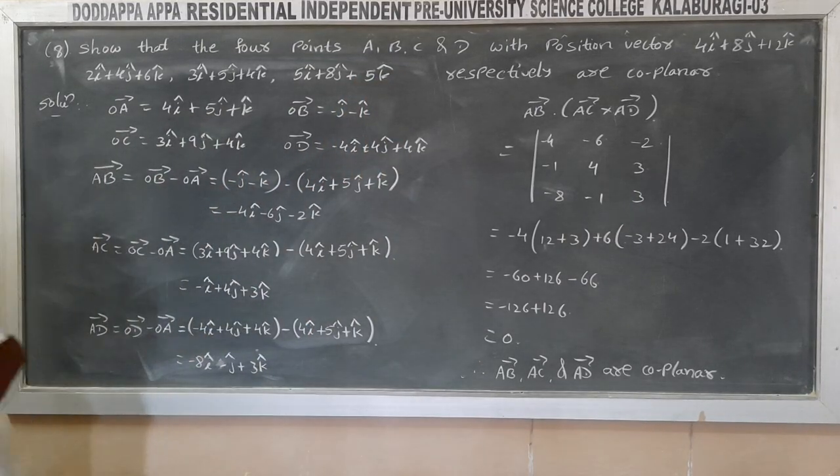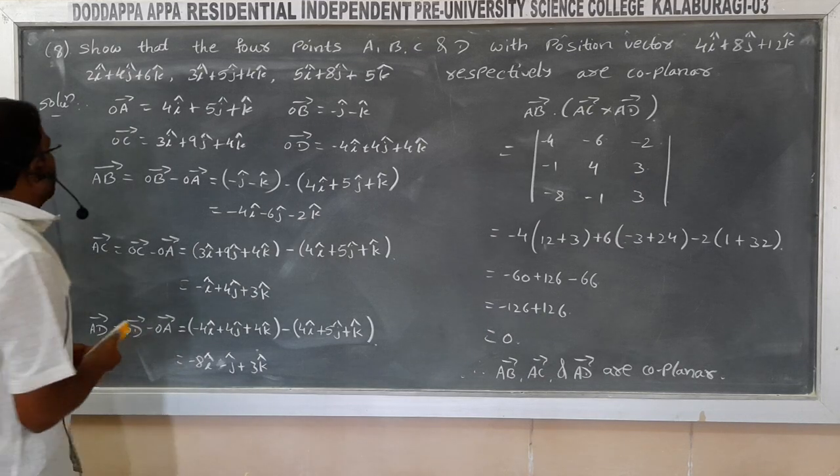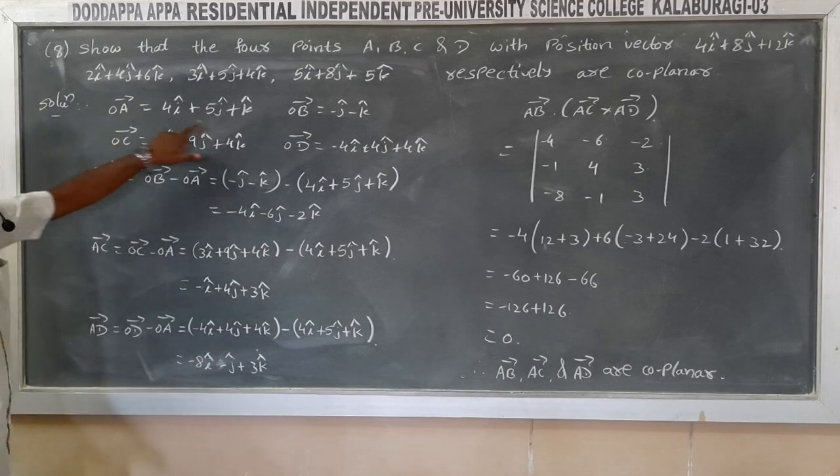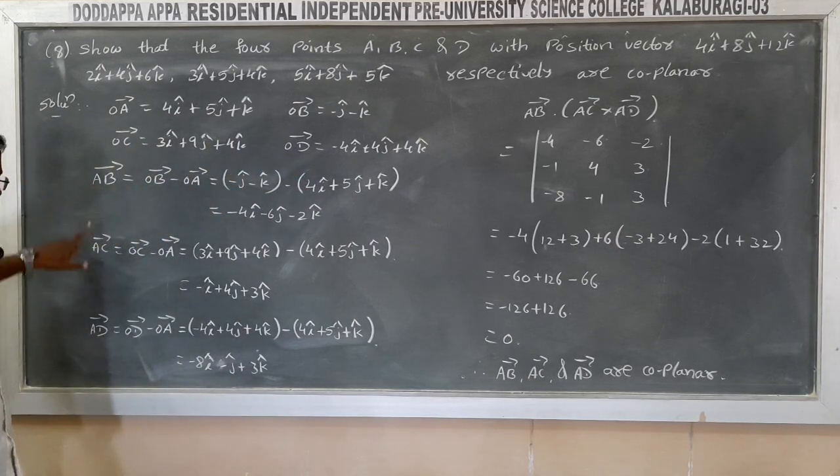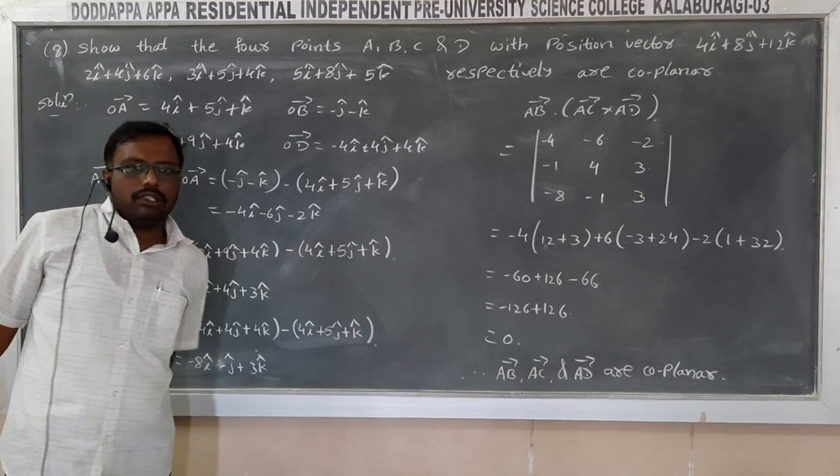Try this one at home. Okay, same method. First of all you take the first one OA, second one OB, third one OC, fourth one OD. Afterwards you have to find out AB, AC, AD. Then you can simplify.